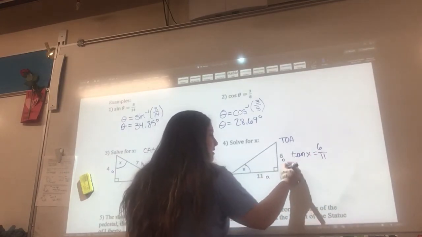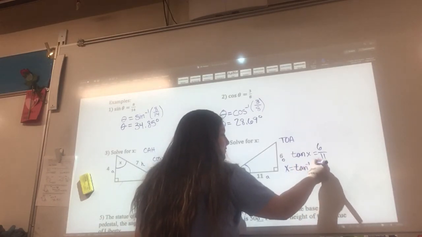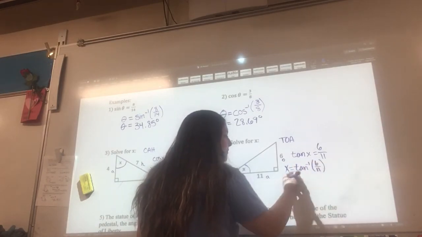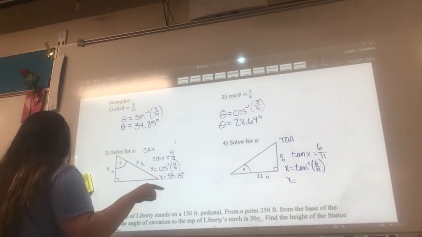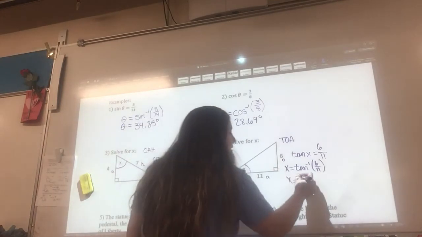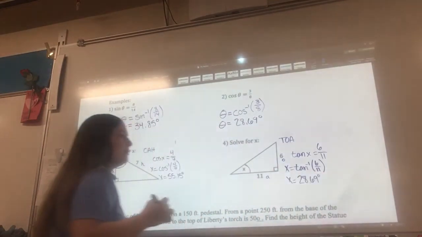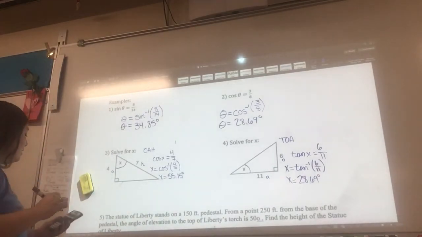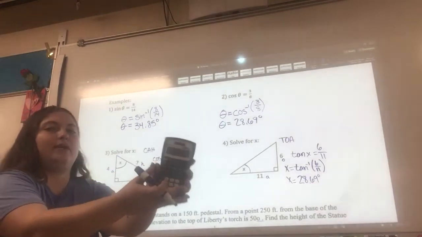Solving for x, it's the same thing as saying tangent inverse of 6 over 11. Go into your calculator. Second tangent, 6 divided by 11 is going to equal 28.69 degrees. Okay? Again, please use this calculator. It's so helpful.